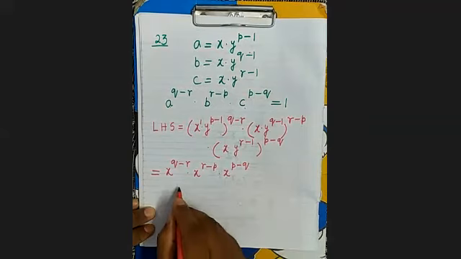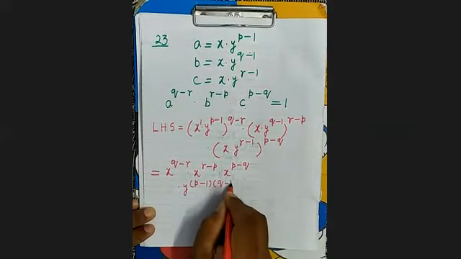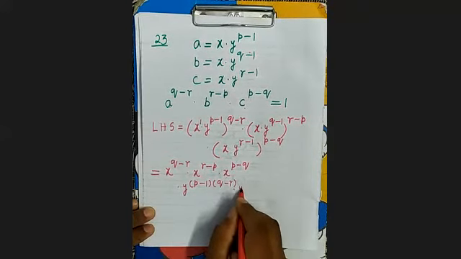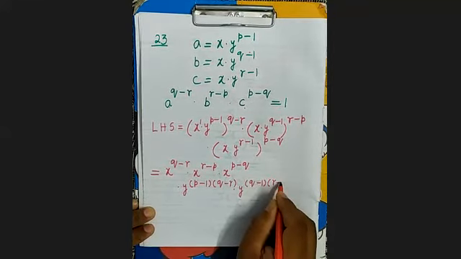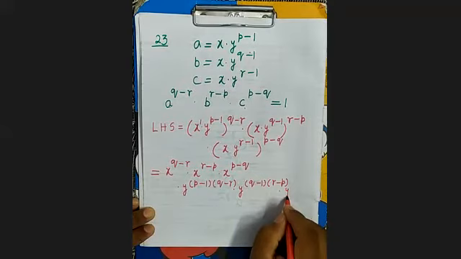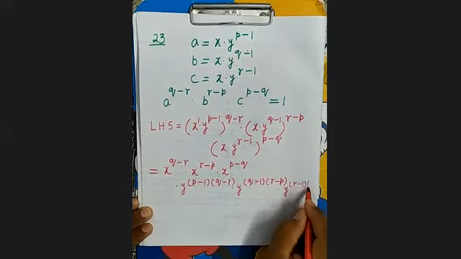You can write y to the power p minus 1 into q minus r, y to the power q minus 1 into r minus p, r minus 1 into p minus q.